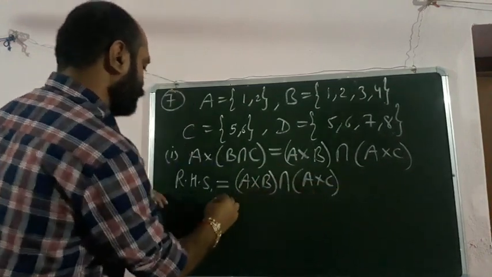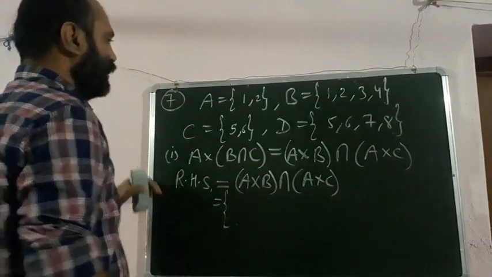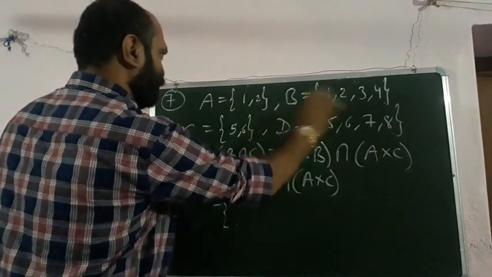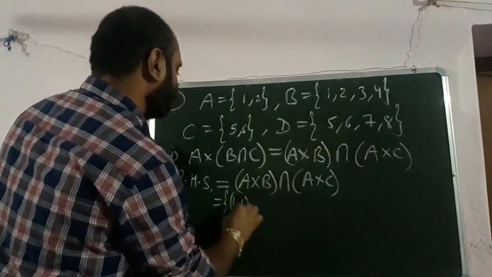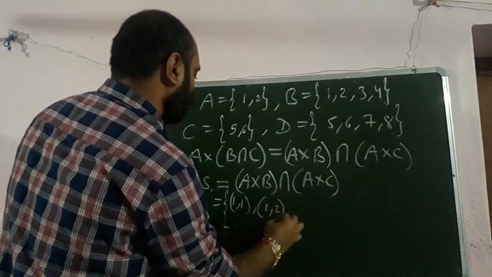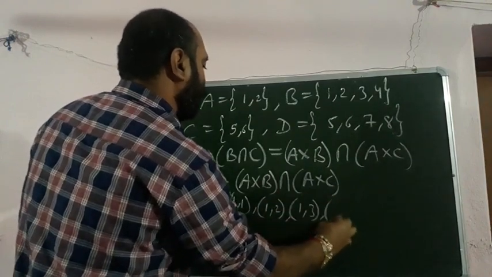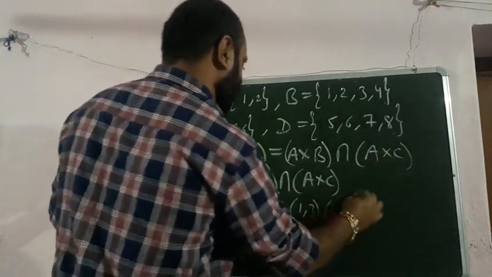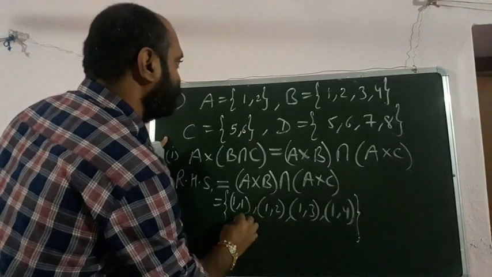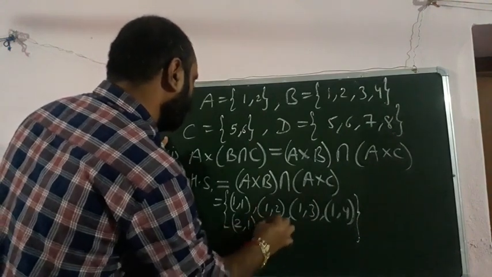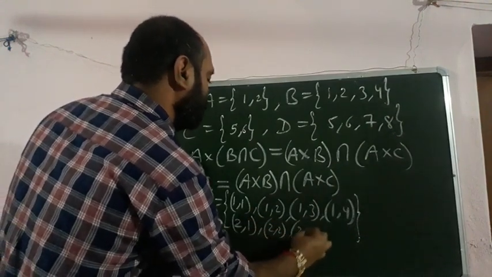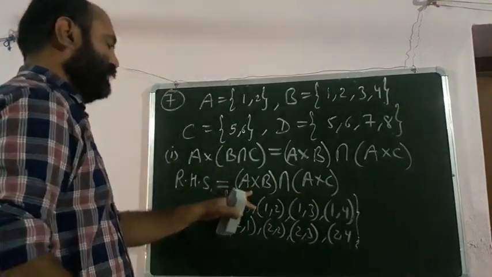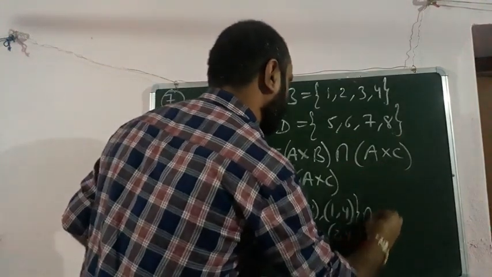So first we will write the pairs of A cross B. You will get 8 pairs in A cross B. First with 1, then with 2. So you will get 1 1, 1 2, 1 3, 1 4, right? Then we have 2 1, 2 2, 2 3 and 2 4. So these are the pairs in A cross B.